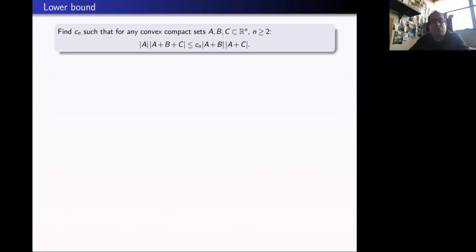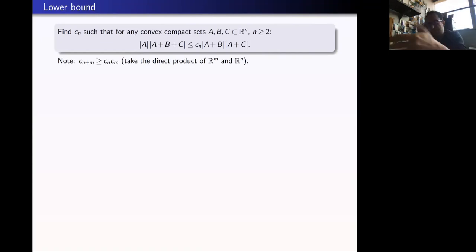Let me just also say that's what we tried to do. What about the lower bound? Let me run over it. What is really simple is that even if the lower bound is not 1, you can multiply them. Why? Because look at this inequality. It has a completely multiplicative structure.